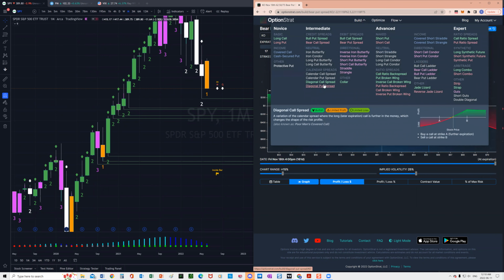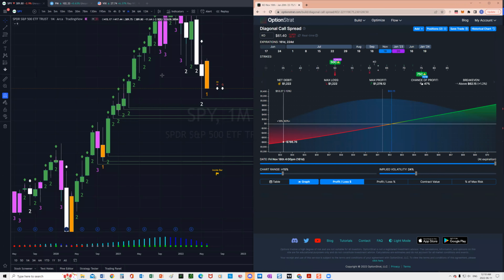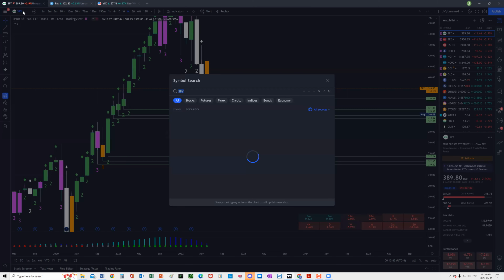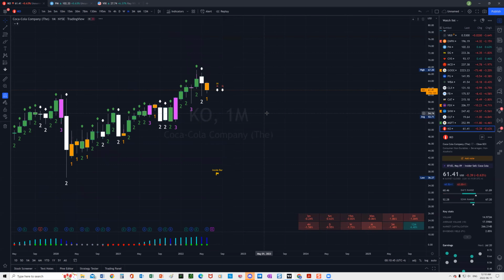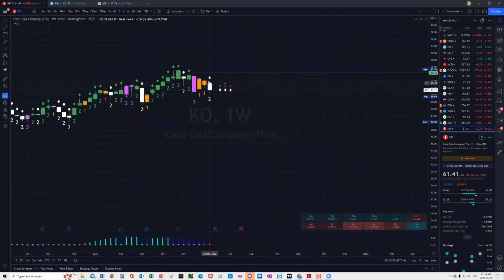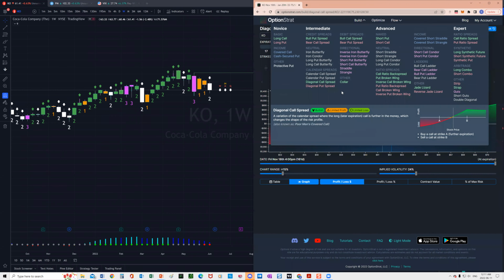So you can do what's called a diagonal call spread. So again, we're looking at KO. So we'll go back to the chart here. And so I think that we're going to go 2 up, and we're going to clear all this chop and so on. But while I'm waiting, I want to start building a position.